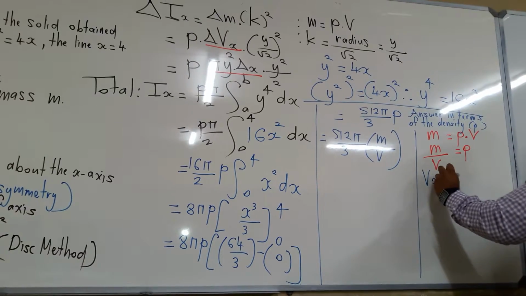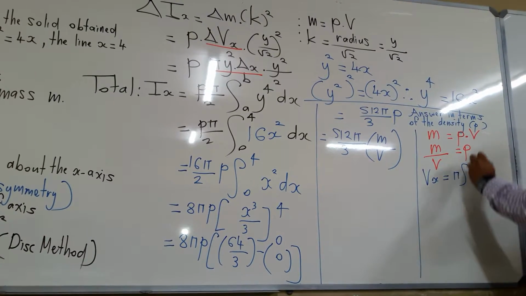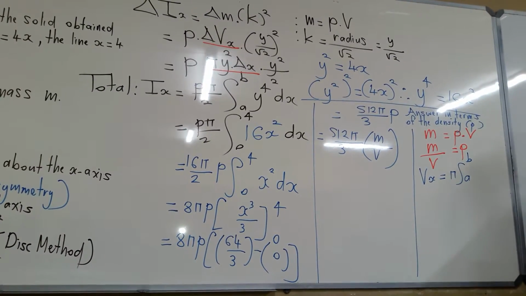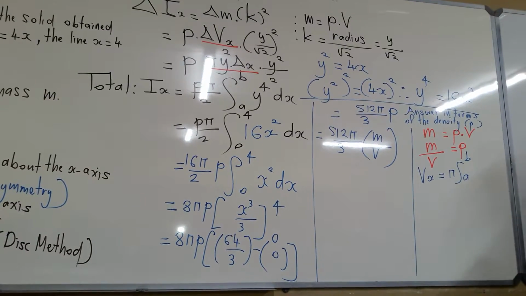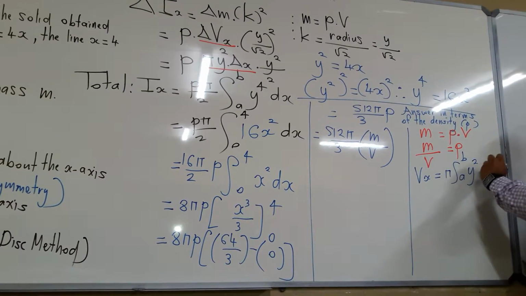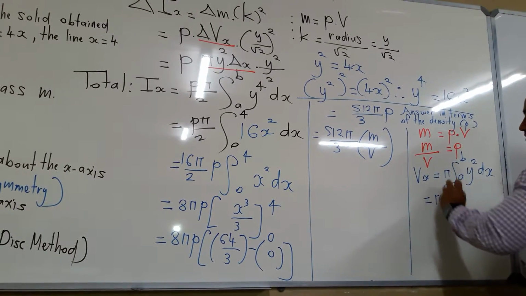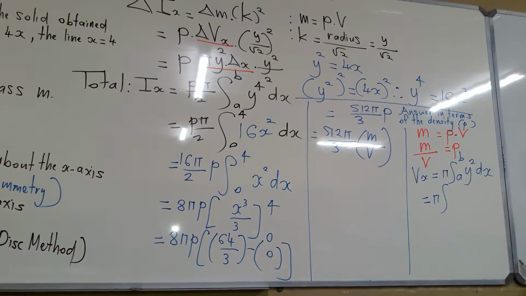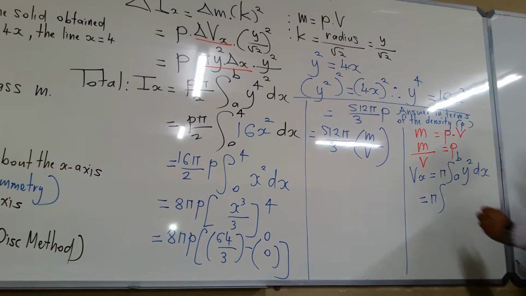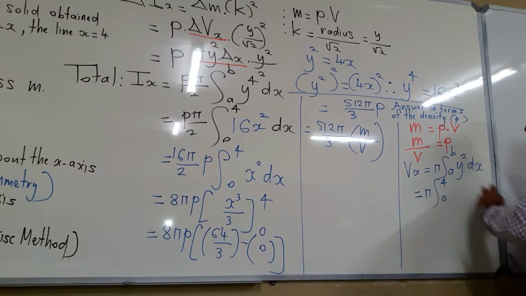So your volume is equal to pi, that's your B and A. We are still using the x values. Y squared times dx. What's your B and A here? The same B and A values, which are 4 and 0.